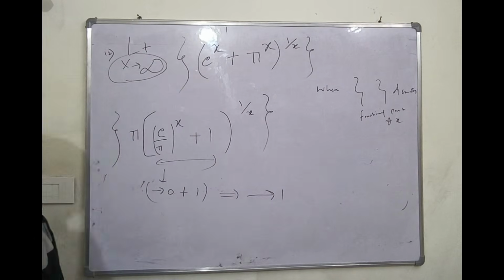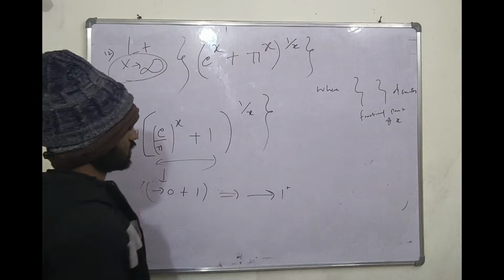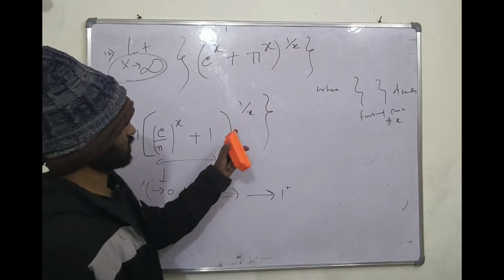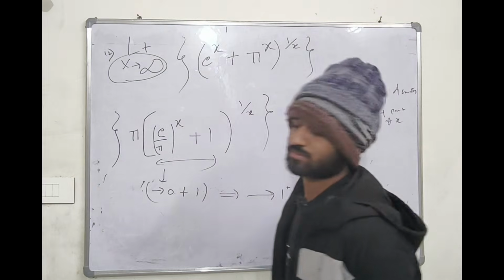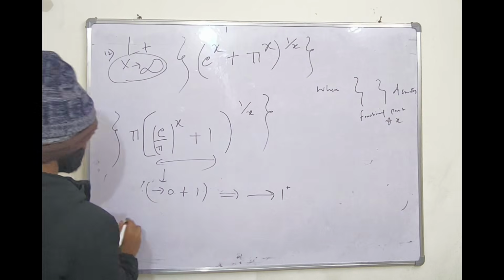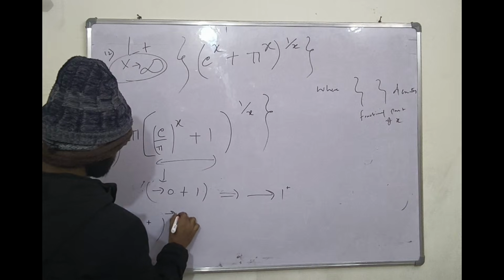Okay, good. And since x is tending to infinity, 1 by x is tending to 0. So this value is 1 plus, whole power tending to 0.